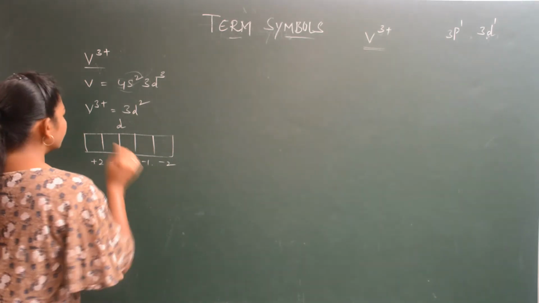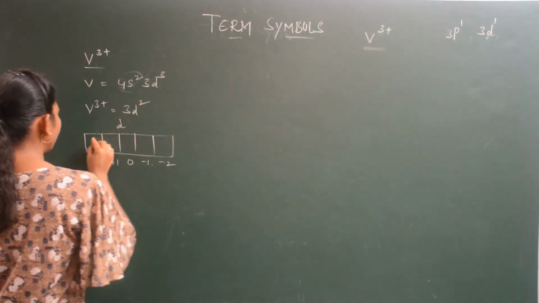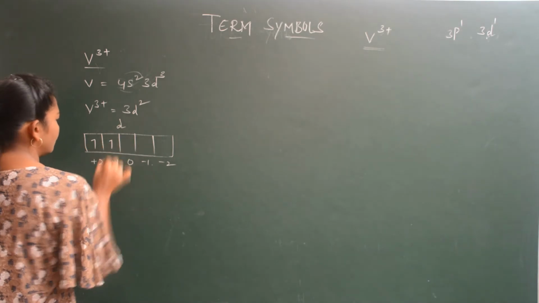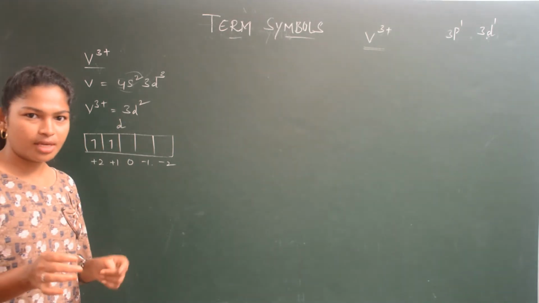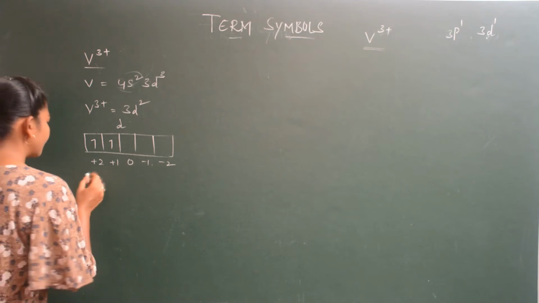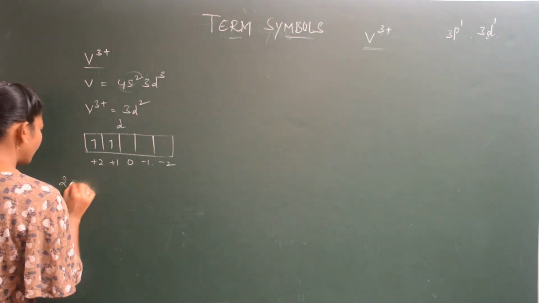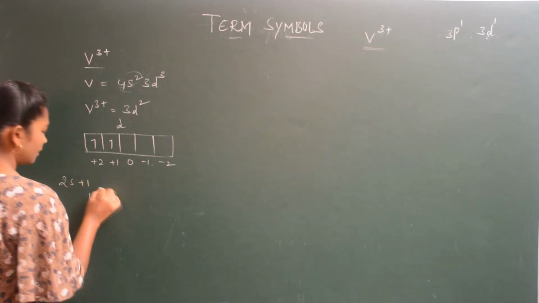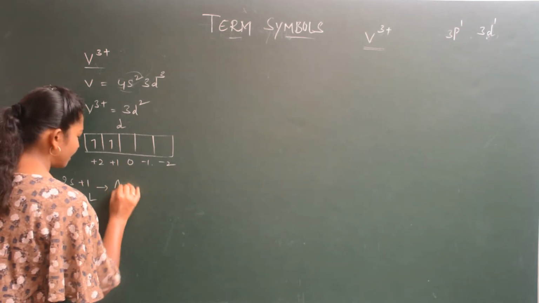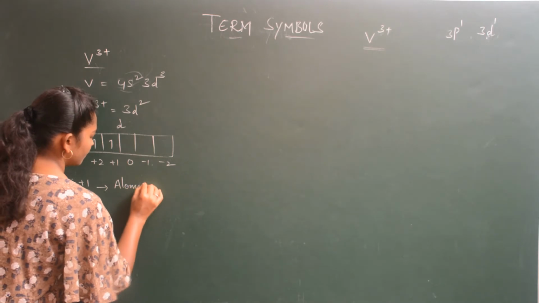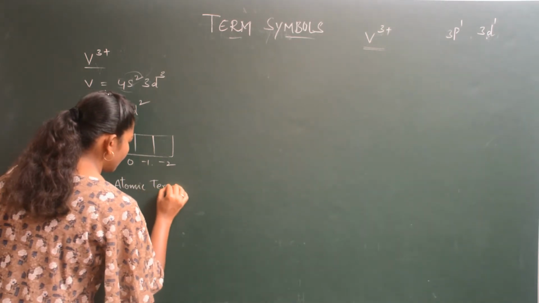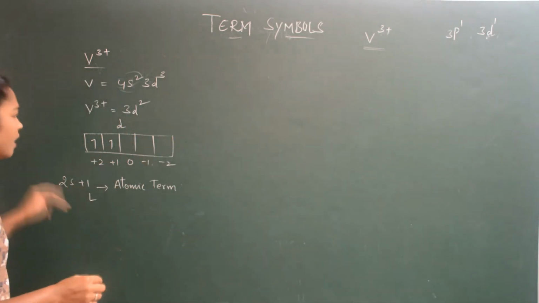Okay. Now fill the electrons, 1, 2. It's a simple triplet system, so you can easily find out. Now you have to find out 2S plus 1 L J, the atomic term. What about S?